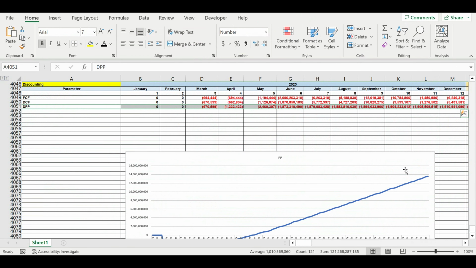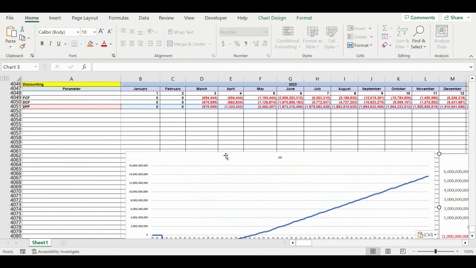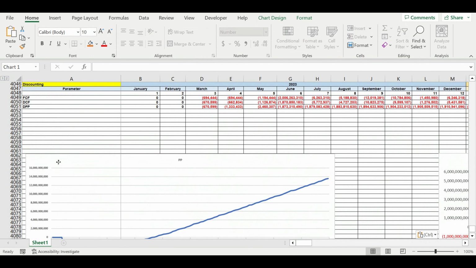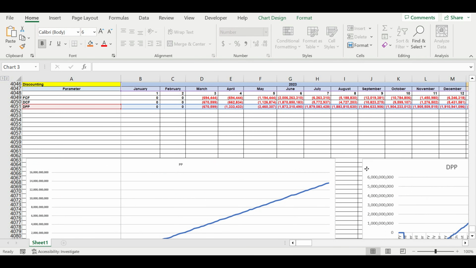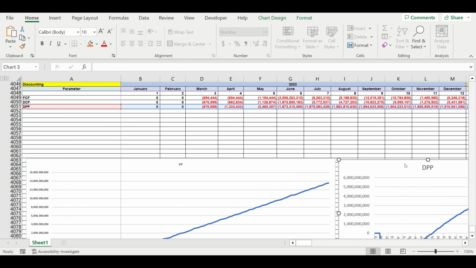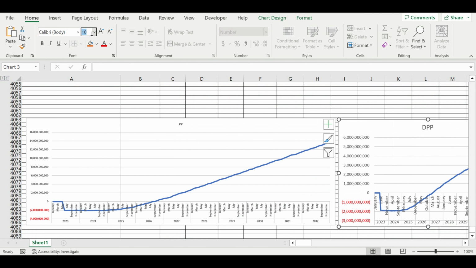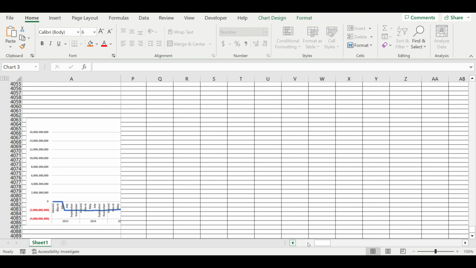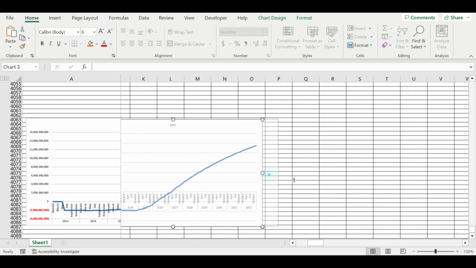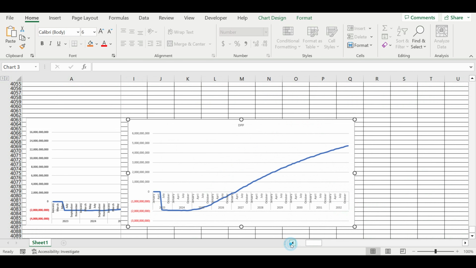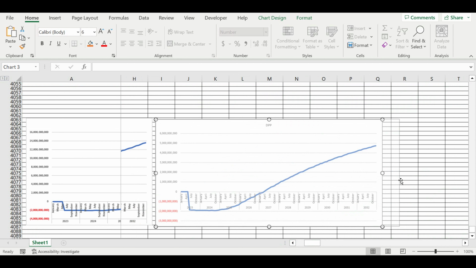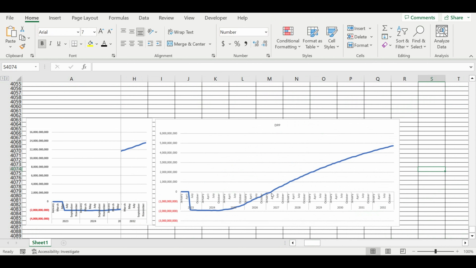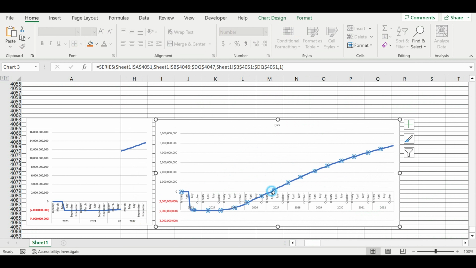So this is a simple payback period, this is the discounted payback period. The moment of discounted payback is the moment when this diagram crosses the timeline axis, or x-axis.